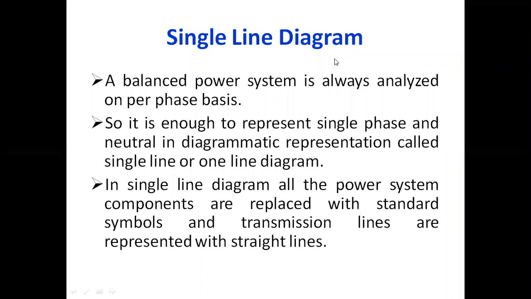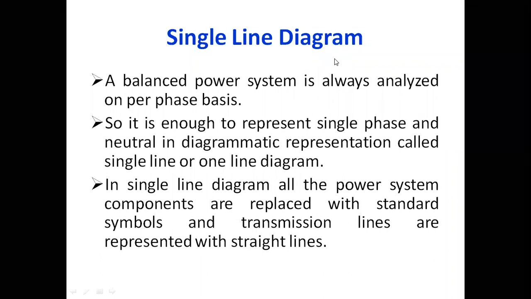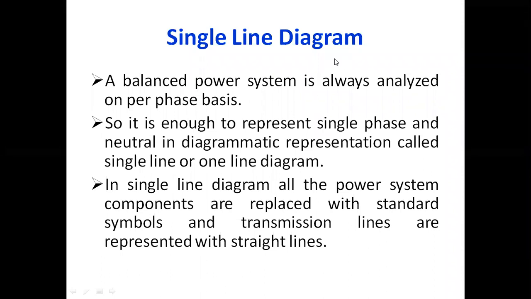If the system is balanced, that one phase and neutral is enough. Later, if we want to extend the analysis to three phases, you just multiply it by 3. This is only for balanced power systems, not for unbalanced ones. So we always draw a single line diagram for balanced power systems.